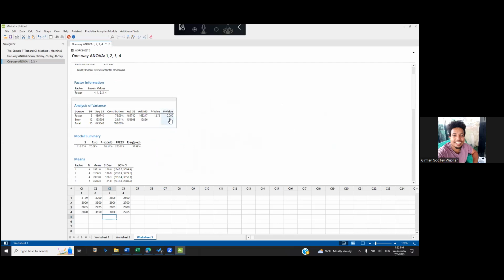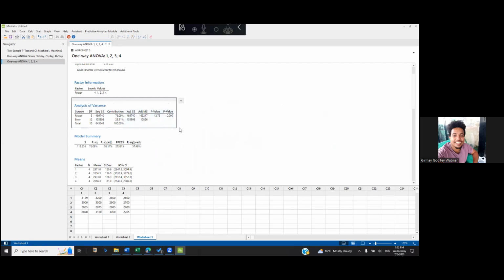The p-value is 0, which is less than 0.05, so the mixing design affects the tensile strength. We conclude from the analysis of variance that because the p-value is 0, there is a significant difference between the mixing designs.